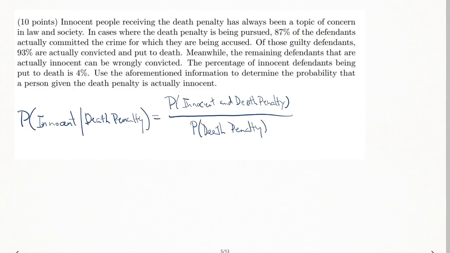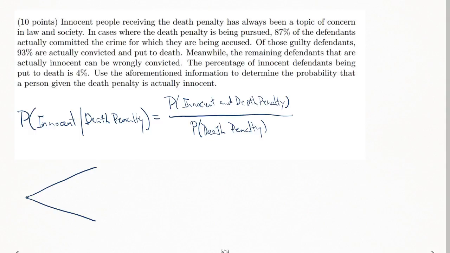Okay, so from that, we have this whole little blurb here. We're talking about cases where the death penalty is being pursued. So you have two sort of scenarios here. 87% of the defendants actually committed the crime.